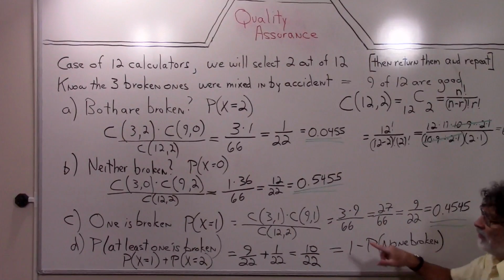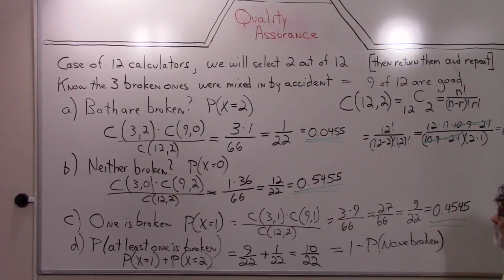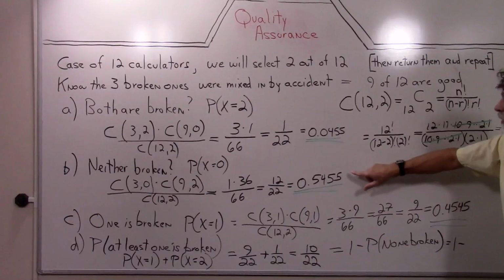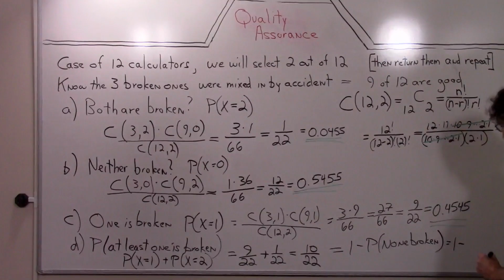Because the probability of none plus the probability of at least 1 is going to be the entire sample space. So here we go, 1 minus. Now, what was the probability that neither was broken? None, 12 over 22. 1 minus 12 over 22 equals the 10 over 22 that we got in the other part. So it works out.